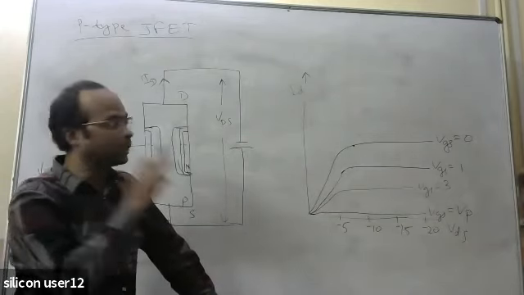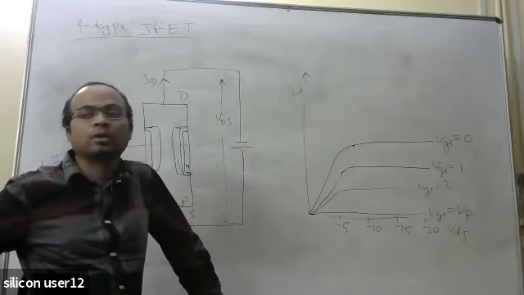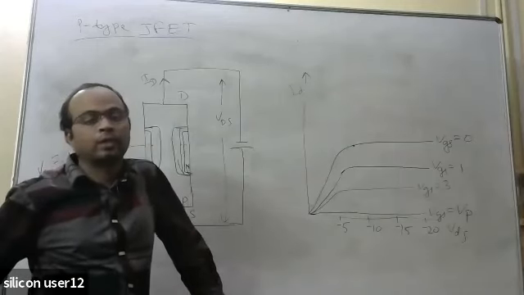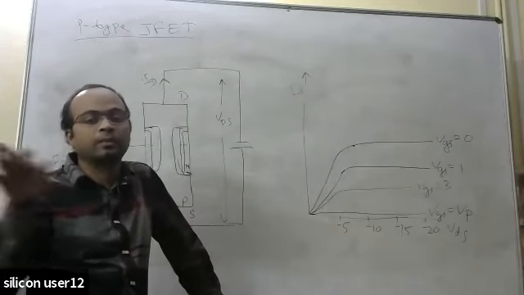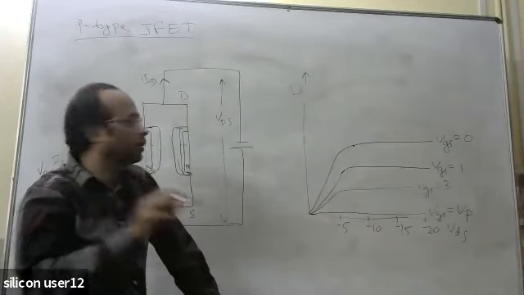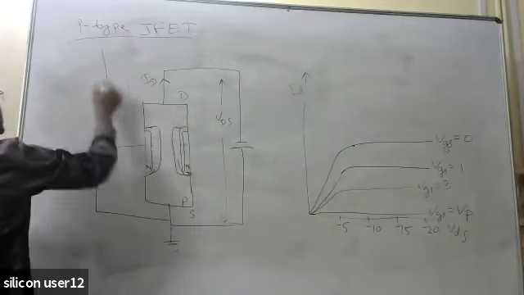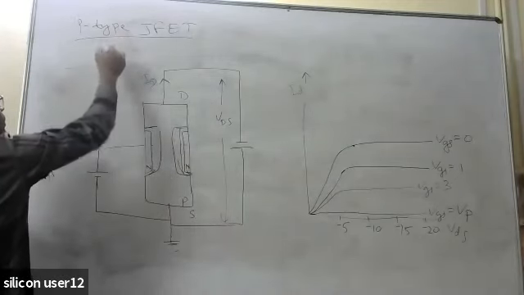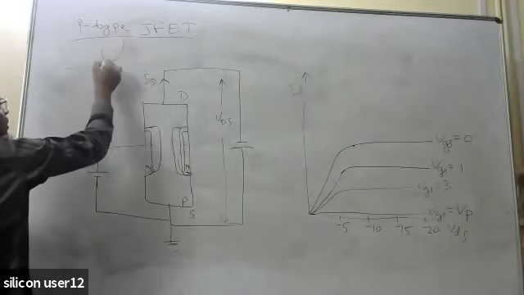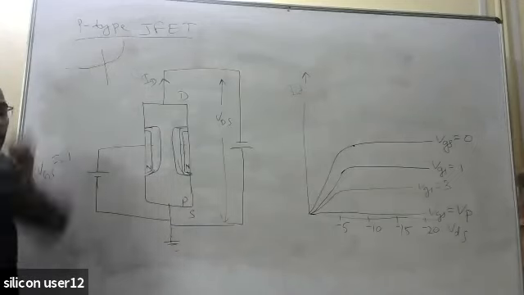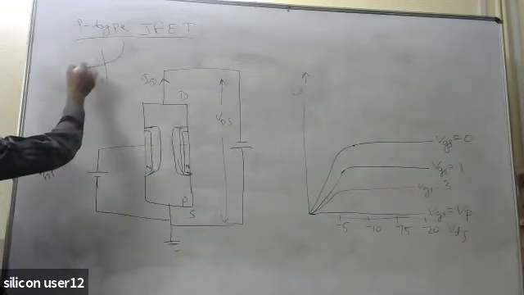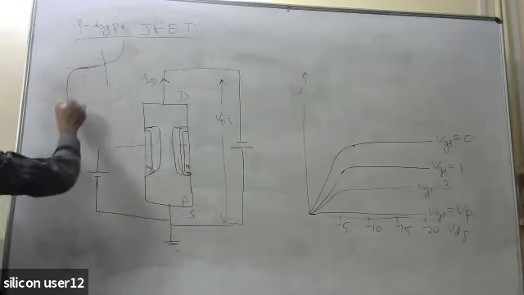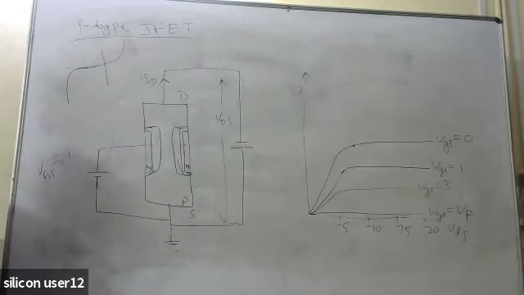Just one more thing I want to tell here. In case of a PN junction, in reverse bias condition, what was happening? The current was almost 0, like in case of a PN junction diode. This is your forward bias condition, and in the reverse side it goes like this, and when you go on increasing the reverse bias voltage, at a particular point the avalanche breakdown was happening.